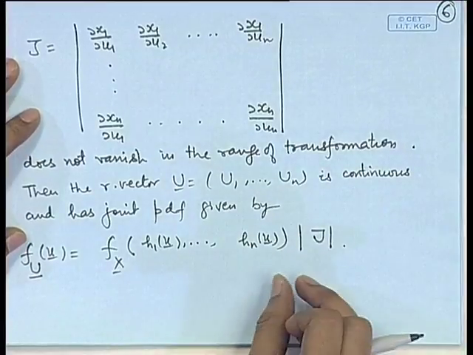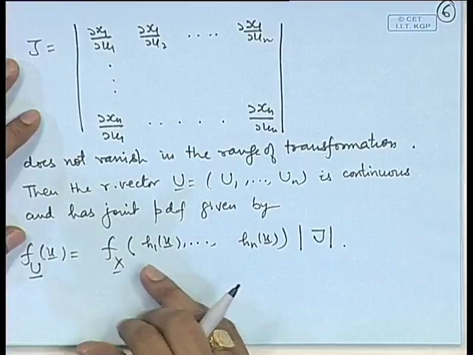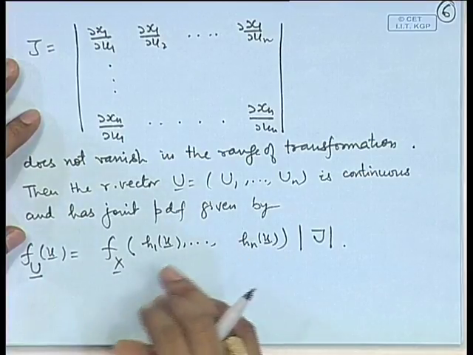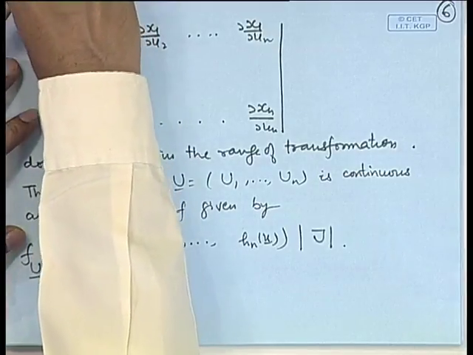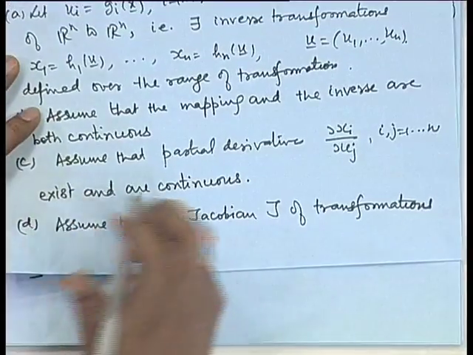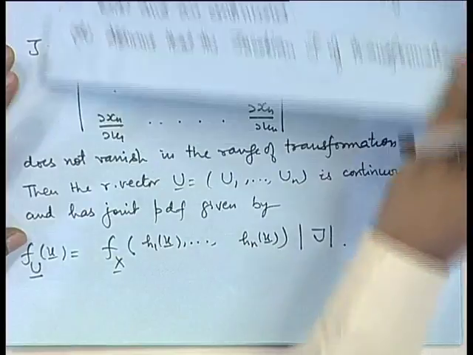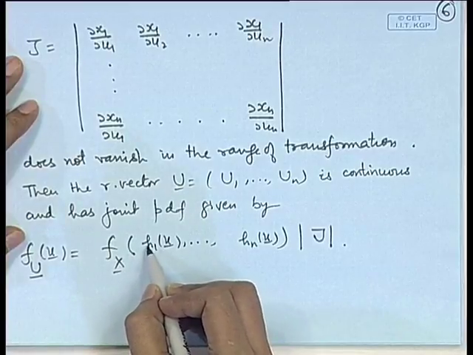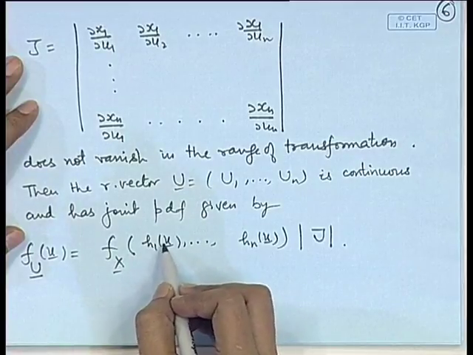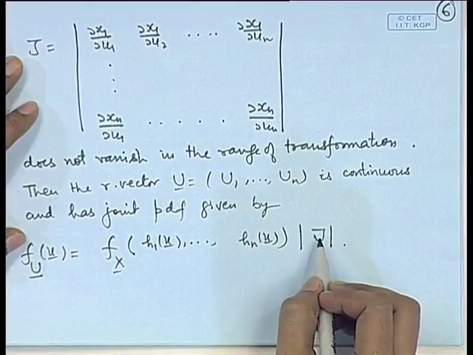If you see it carefully, it is a straightforward generalization of the result for the one-dimensional case. In the one-dimensional case, we had considered a 1-to-1 transformation and looked at the dx/dy term. The density of the transformed variable was obtained as the density evaluated at x equal to g inverse of y, multiplied by the absolute value of the dx/dy term.